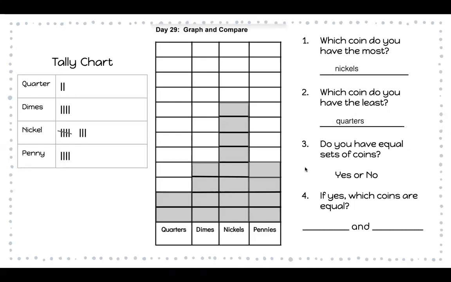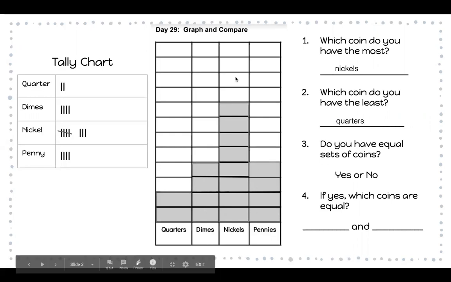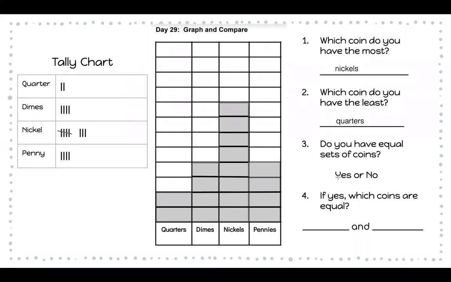Now, number 3, do you have equal sets of coins? Yes or no? So that means it's asking me, do I have 2 coins that I have the same amount of? And I do. I have 4 dimes and 4 pennies. So my answer is yes. I'm going to circle that answer.